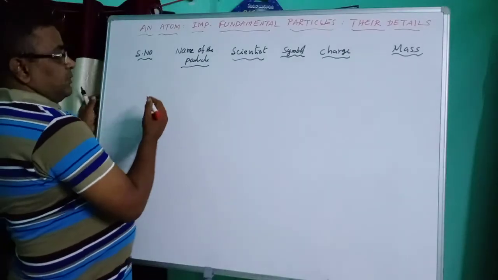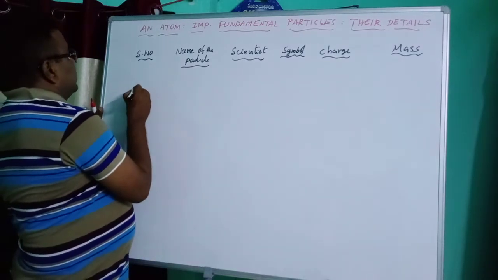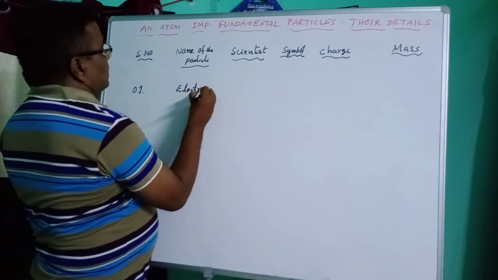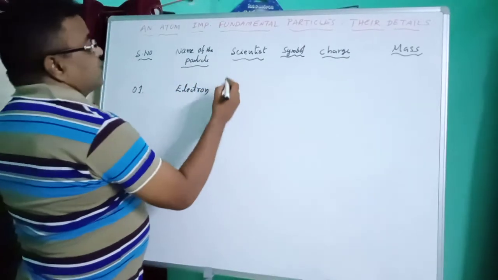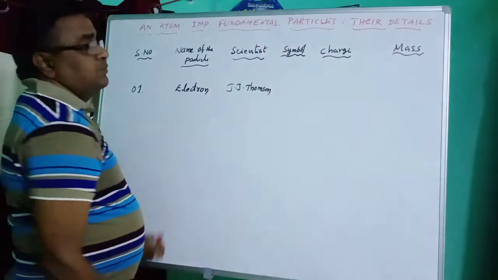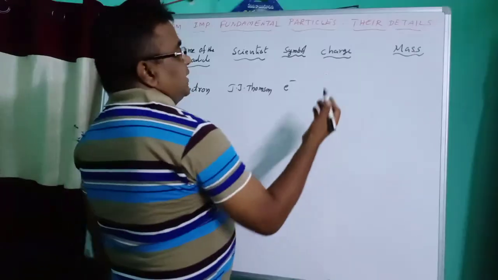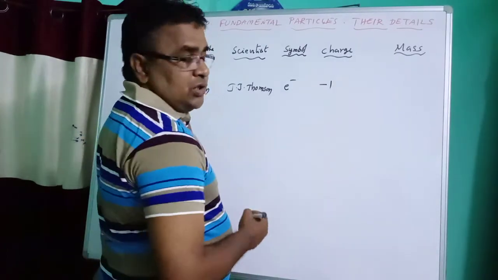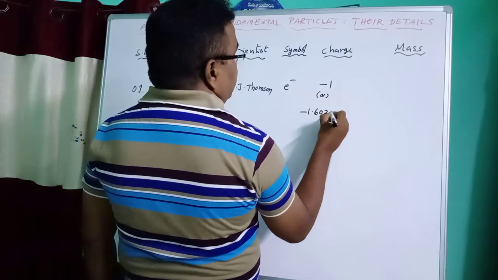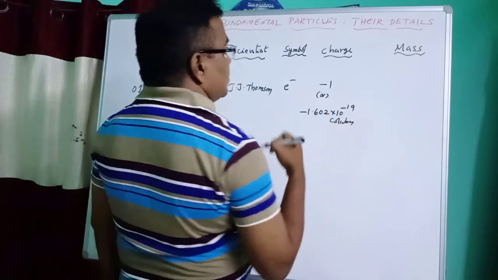So first one is serial number 1, electron. Electron was discovered by J.J. Thomson. So symbol is e minus. Charge is 1 unit negative charge, or in coulombs minus 1.602 into 10 power minus 19 coulombs.